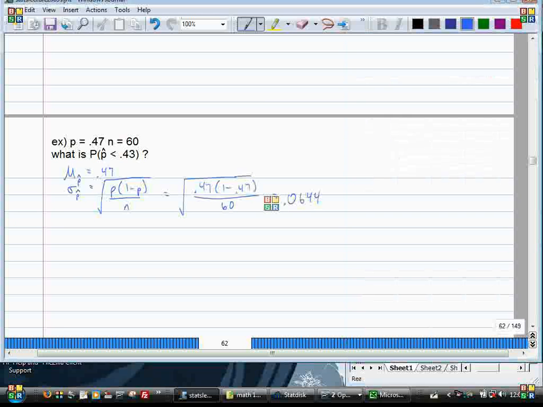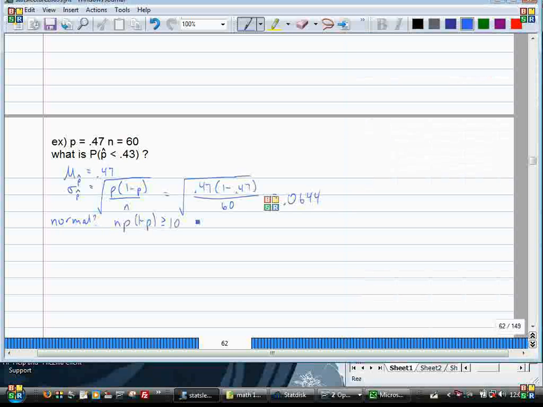And then what's the next thing we need to do? Find out if it's normal, right? So how do we check to see if it's normal? Right. n p times 1 minus p is greater than or equal to 10.